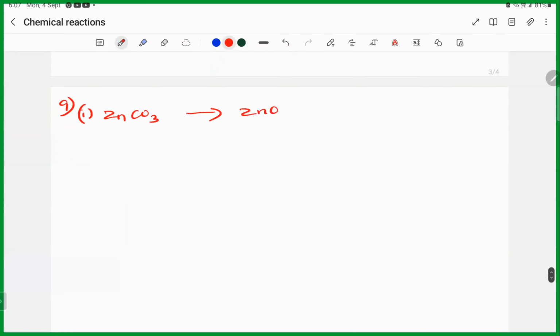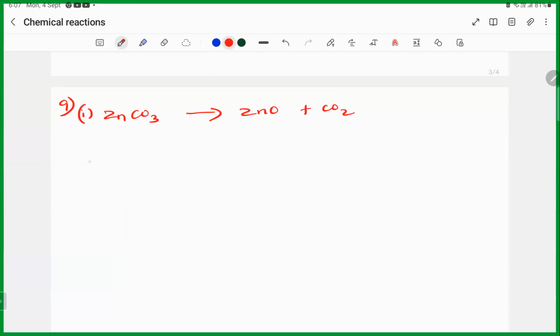At the 9th, I will write the reactions. You have to say whether it is a combination, decomposition, displacement. Zinc carbonate gives zinc oxide plus CO2.